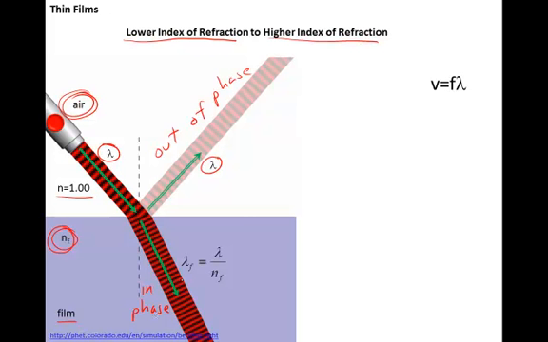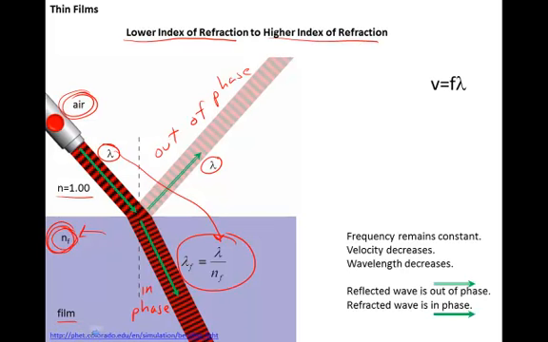The equation we'll use to calculate the new wavelength will be this equation, where all we do is take the original wavelength that was out here and divide it by the index of refraction of the film.